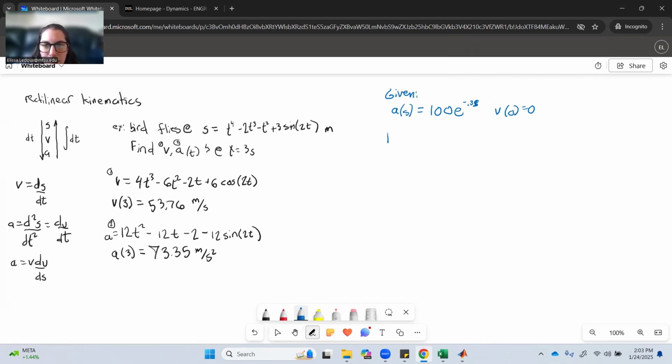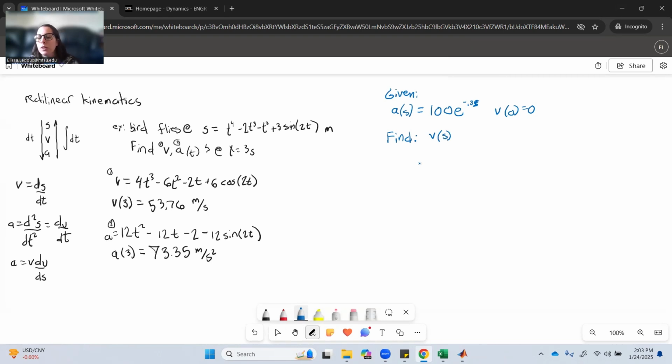Then we need to find velocity. Yes, we'll say velocity as a function of position.